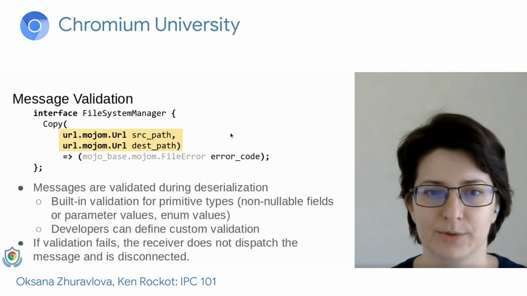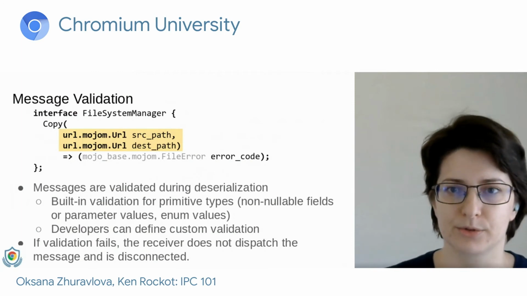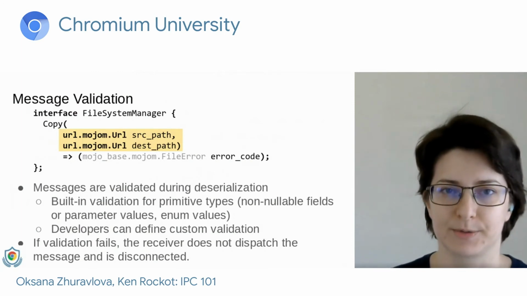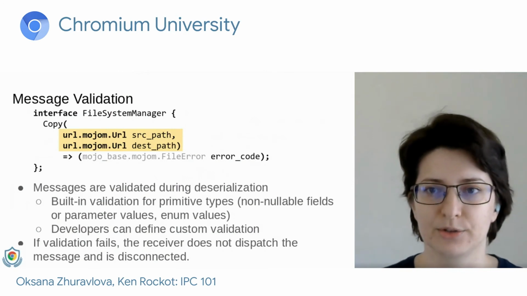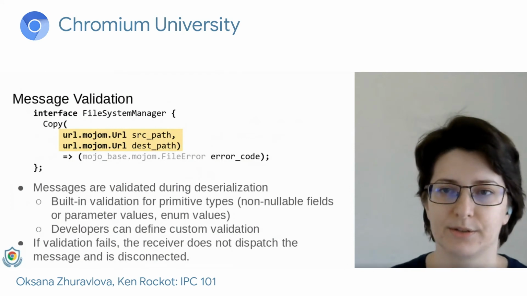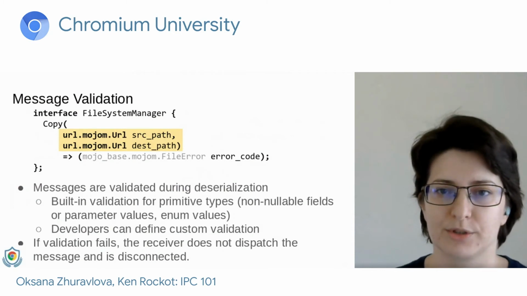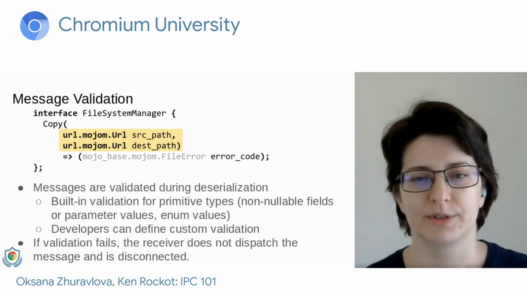So instead, we went with a safer approach and used the provided Mojom URL type because it has built-in validation. A message is only considered deserialized if it's valid, and only then will Mojo invoke the implementation. Otherwise, it signals an error and the receiver is disconnected. So the browser implementation can be sure it's always called with a valid URL. It's easy to plug in your own validation as well.